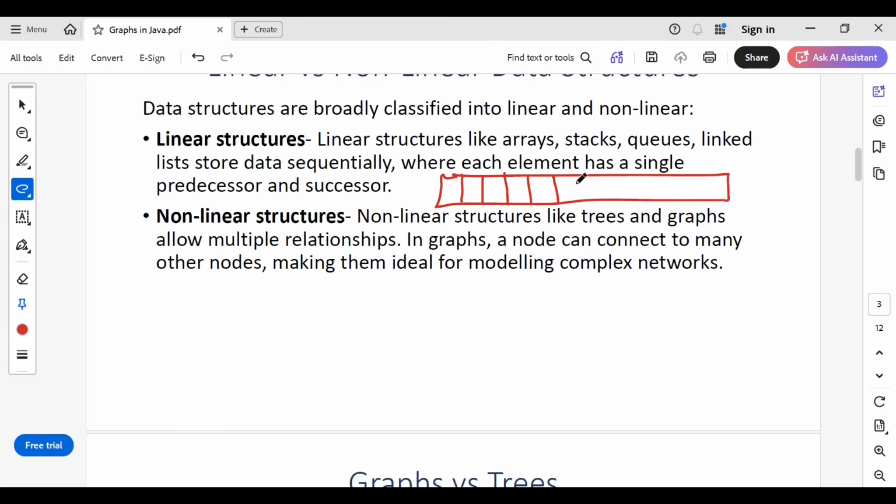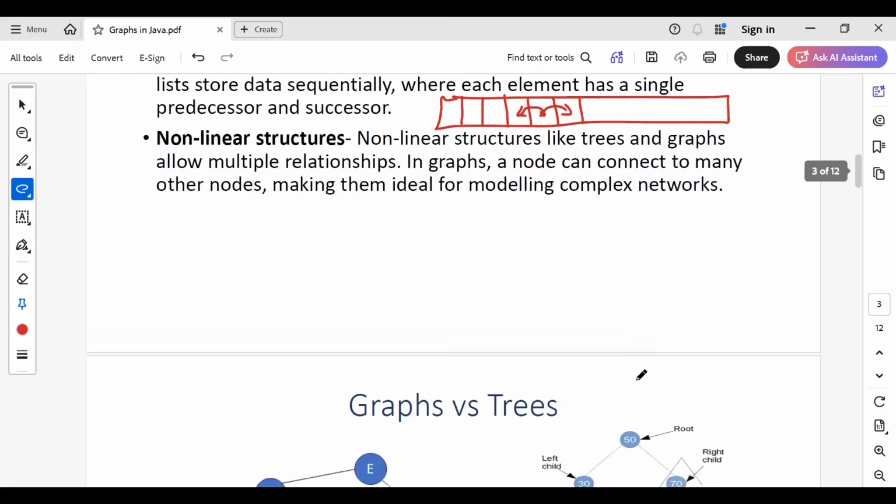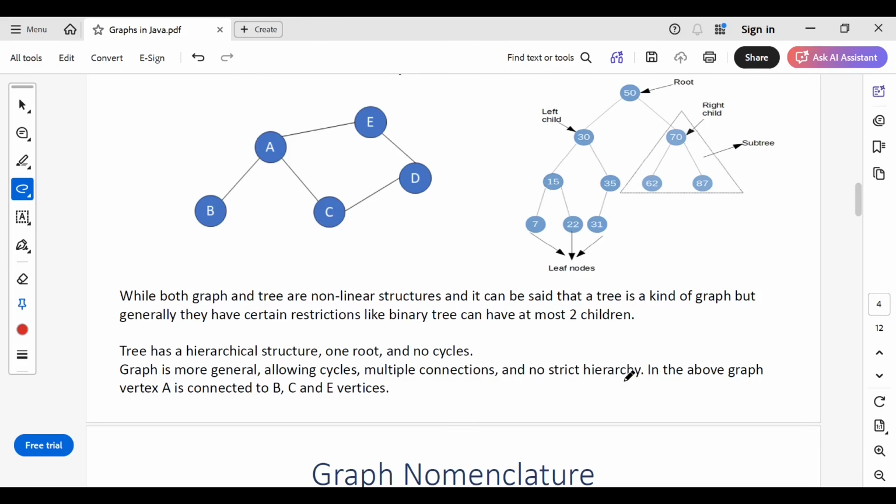You can go from this side to this side, and for every element, there is one predecessor and one successor. Whereas with non-linear structures, which are trees and graphs, you have multiple relationships. A node can connect to many other nodes in graphs, right? It will be something like this.